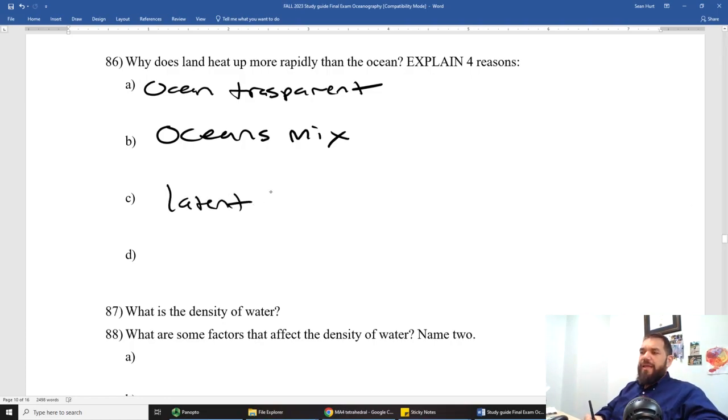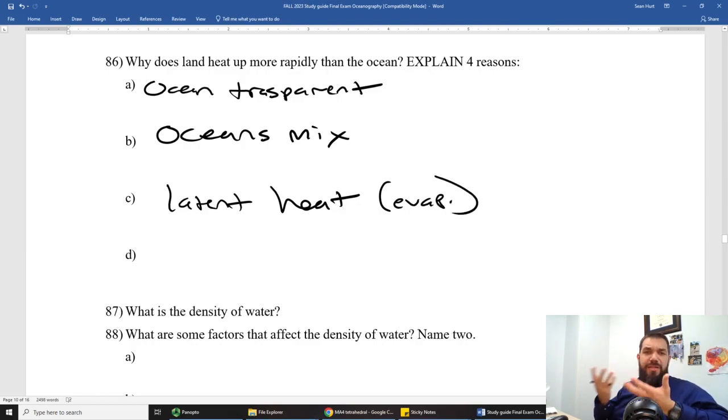Another reason is that you have latent heat, right? So latent heat is, I should actually be more specific and say evaporation, okay? Over the oceans, you have evaporation. Like I said, remember, the release or absorption of latent heat is always counteracting whatever force is moving it from one phase to the other.